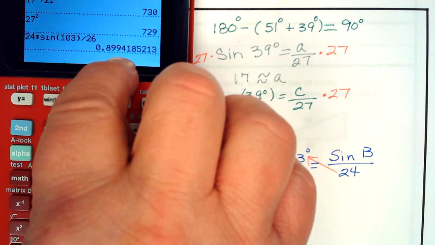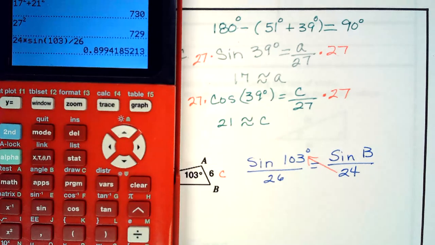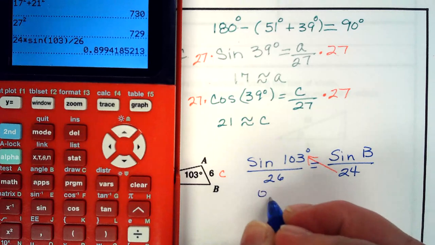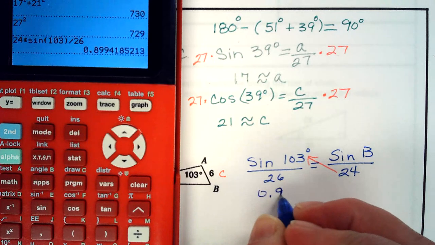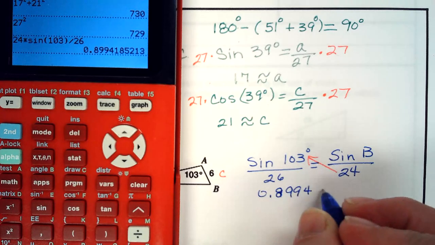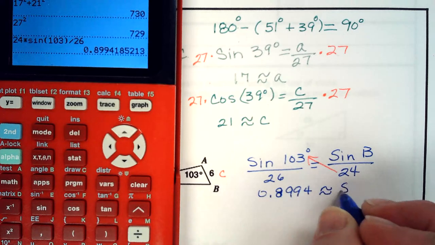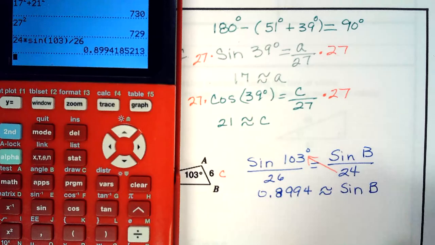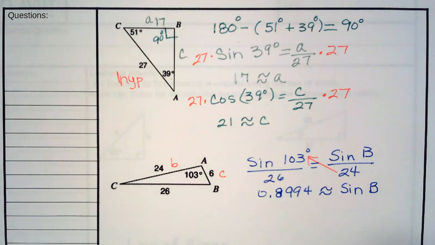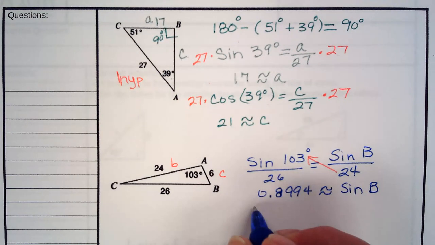We go out to 4 decimal places. 0.8994 is approximately the sine of B. To find an angle measure, what button do I use? The sine inverse.